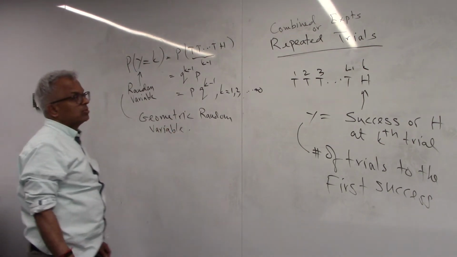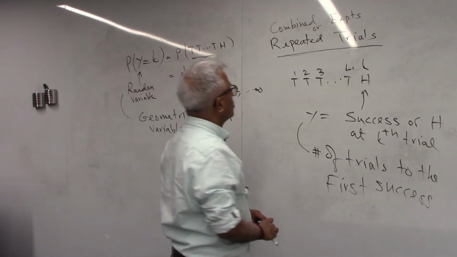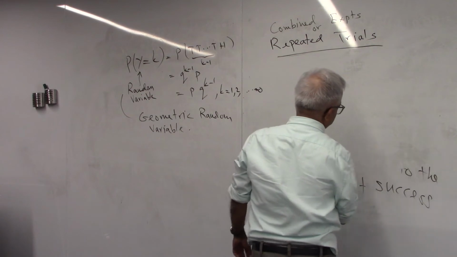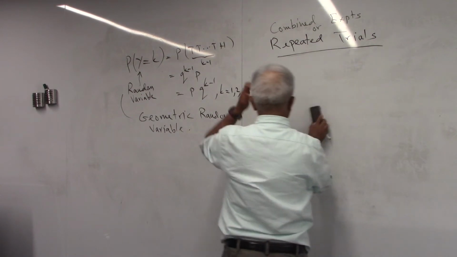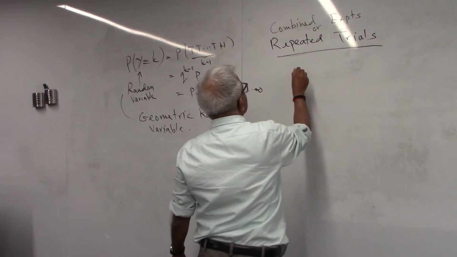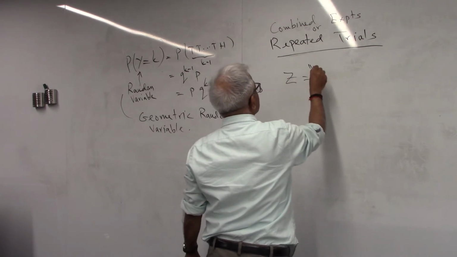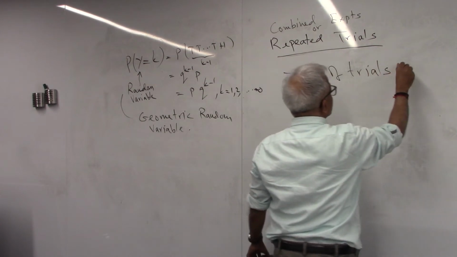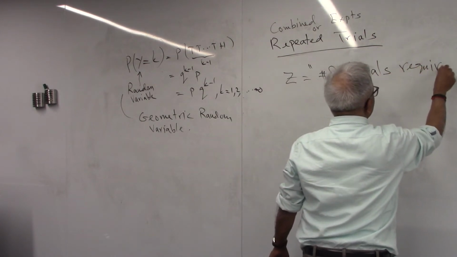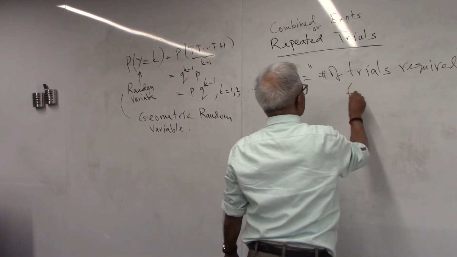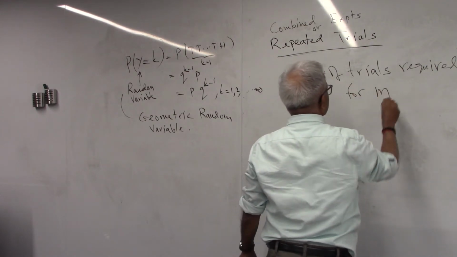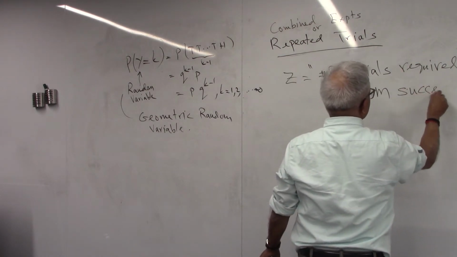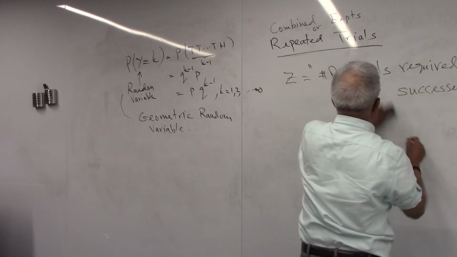So we could generalize this notion into the number of trials required for, let's say, n successes.